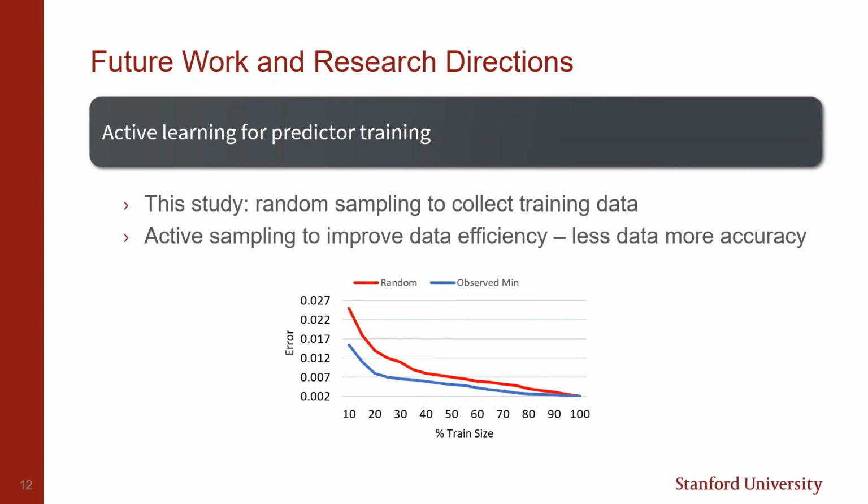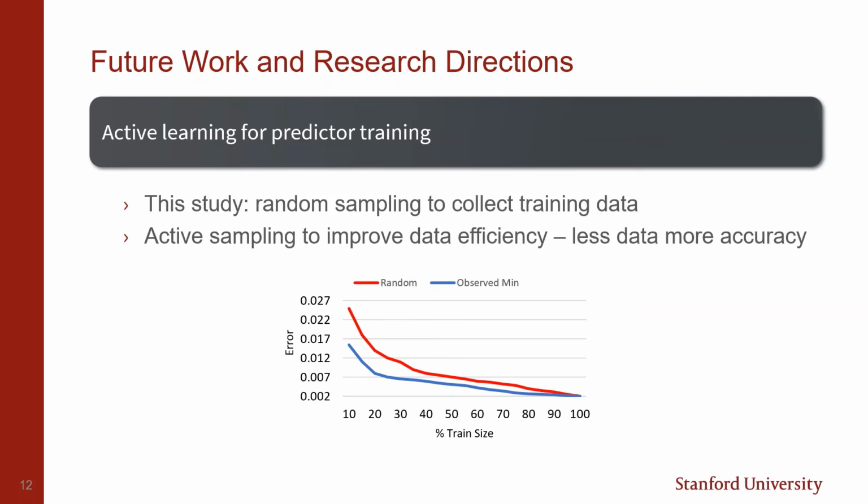Now let's talk about some future work and research directions in interference-aware scheduling for inference serving systems. First, one path for exploration is the use of active learning for predictor training. In this study, we use random sampling to collect the training data for the collocation latency degradation predictor.